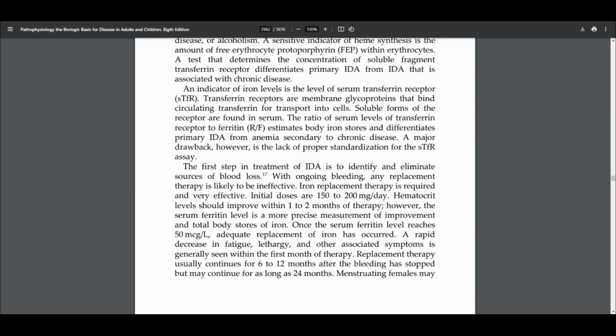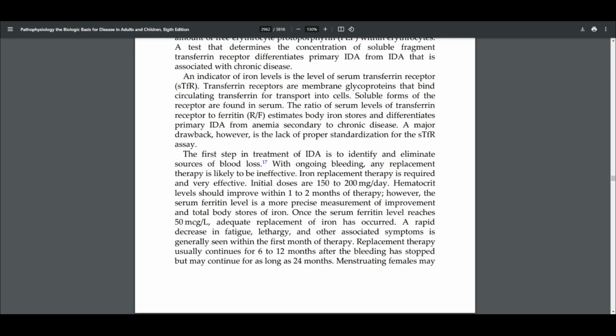The ratio of serum levels of transferrin receptor to ferritin estimates body iron stores and differentiates primary IDA from anemia secondary to chronic disease. A major drawback, however, is the lack of proper standardization for this STFR assay.